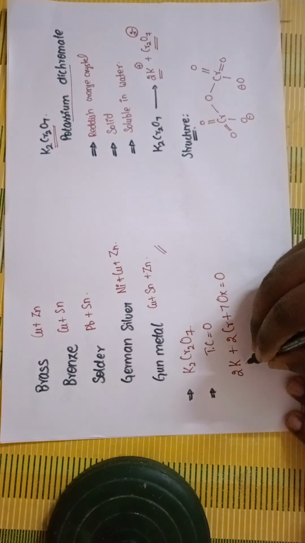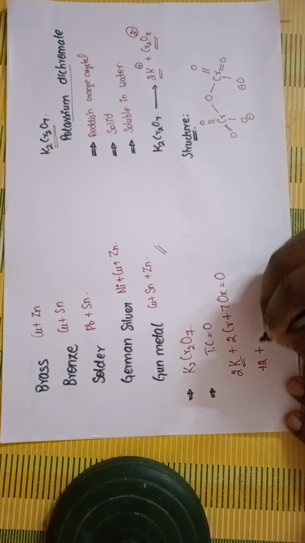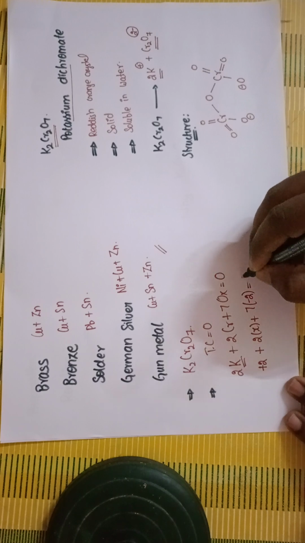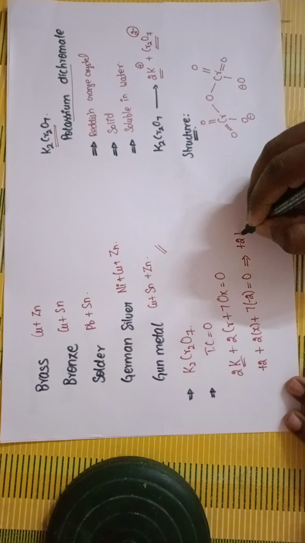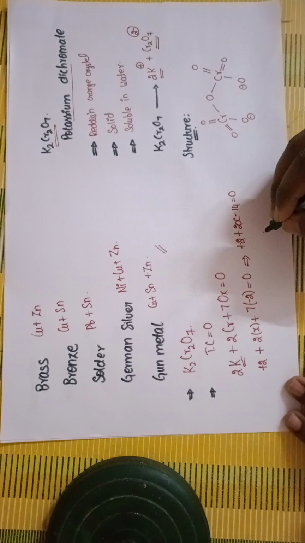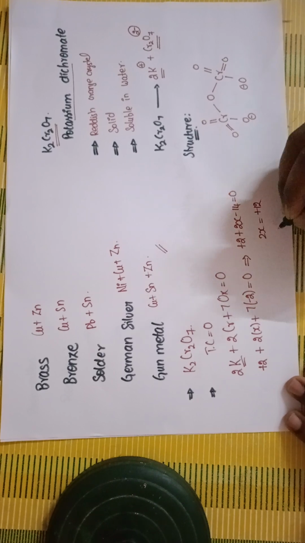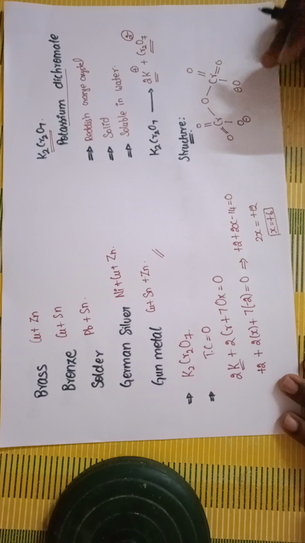Potassium exhibits +1, so 2 into +1 plus 2x plus 7 into -2 equals 0. 2 plus 2x minus 14 equals 0, 2x equals 12, x equals +6, which means each chromium exhibits +6 oxidation state.